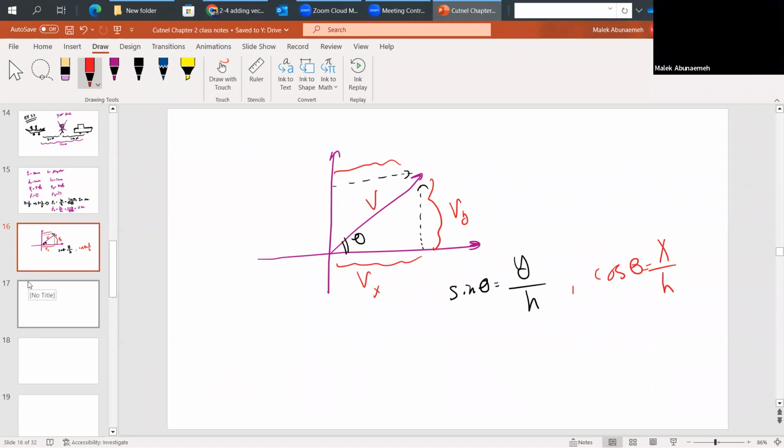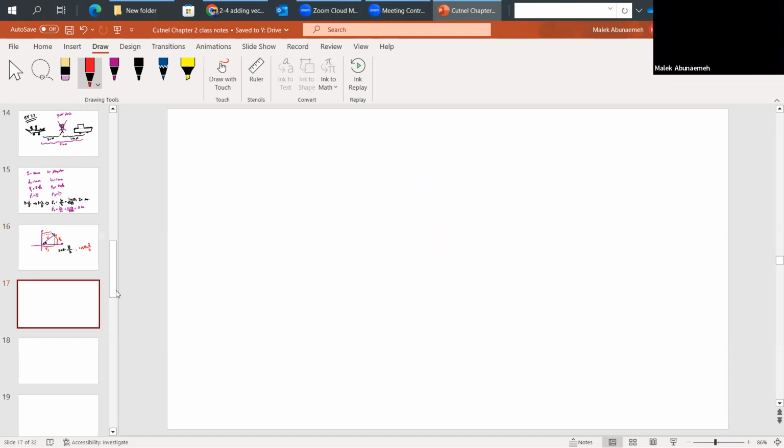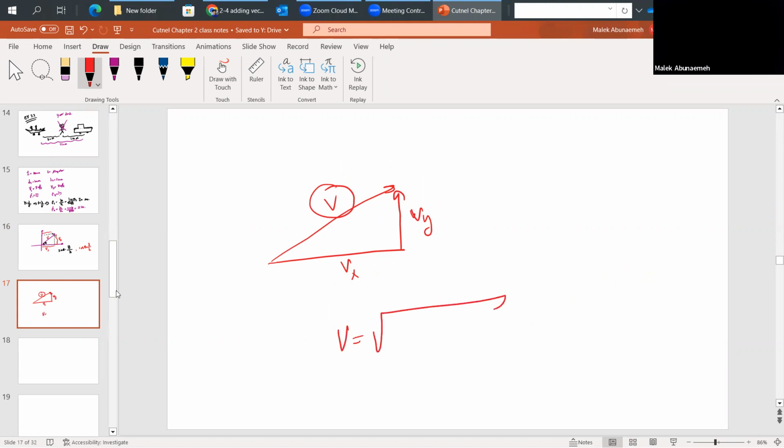So let's say you have a vector v that's a product of your x and your y component. Now, in order to find the magnitude of v, we use the Pythagorean theorem, which is the square root of your x component squared plus your y component squared.